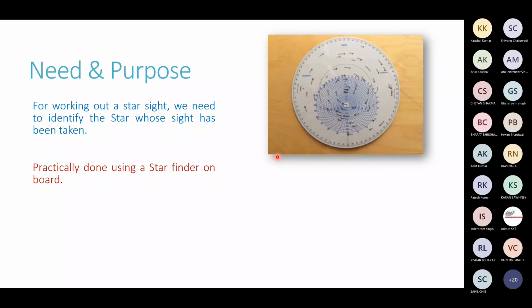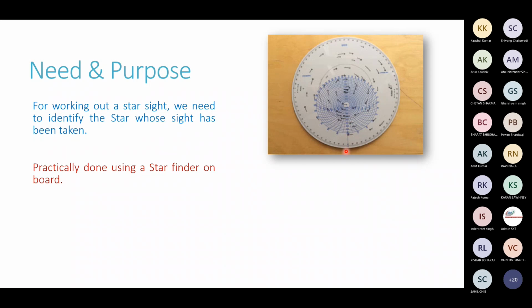And on this base template, we place transparencies. There are different transparent sheets basis different DR latitudes. And once you place this transparency, you align it with the base template using the LHA of Aries. So LHA of Aries is calculated for that particular time when site is taken.